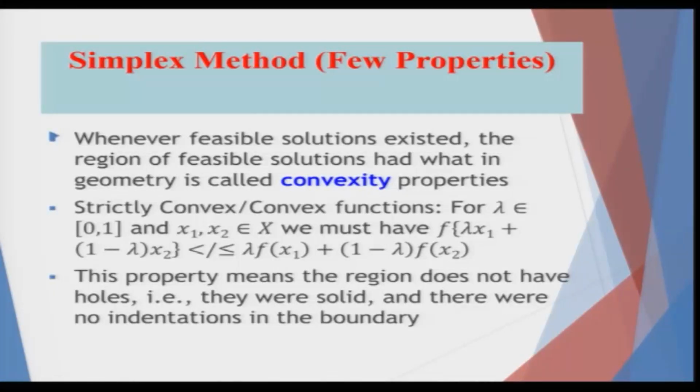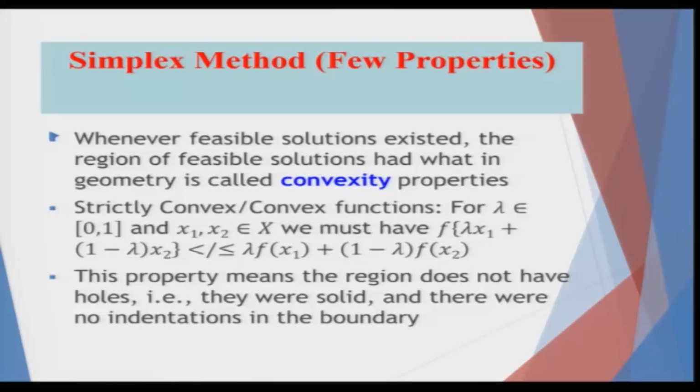Now, what do we mean by convexity? We all know that if a function is convex, and you consider lambda, a value between 0 and 1 inclusive, and take a convex combination, then lambda times f of x1 plus 1 minus lambda times f of x2 should be greater than or equal to the functional form f of lambda x1 plus 1 minus lambda x2.